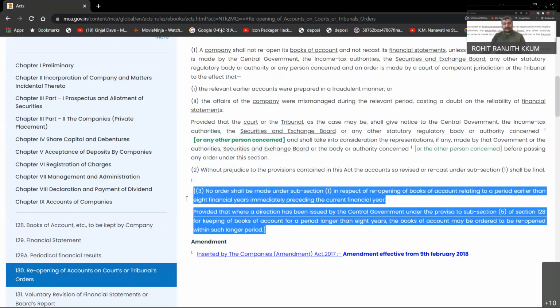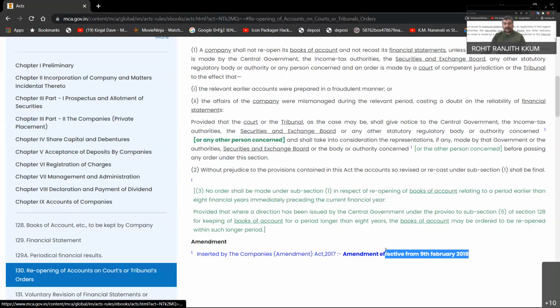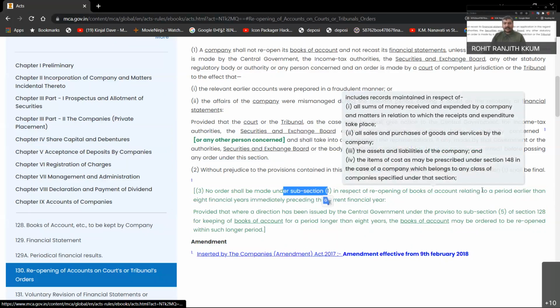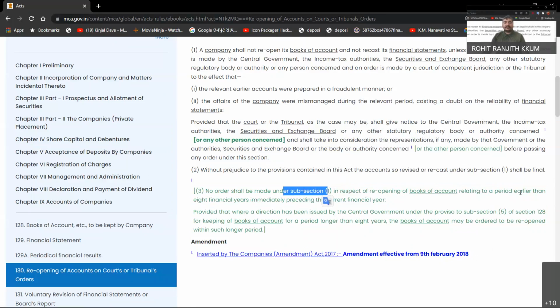Subsection 3, earlier it was not there, recently it was added in the amendment of 2017. Look what it says. No order shall be made by the court as mentioned under subsection 1 in respect of reopening of books of account relating to a period earlier than 8 financial years.